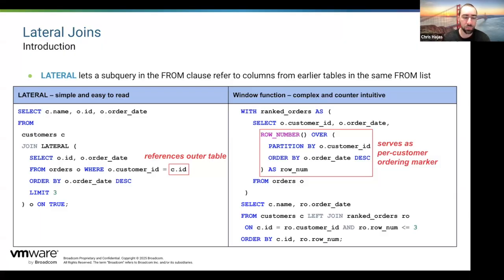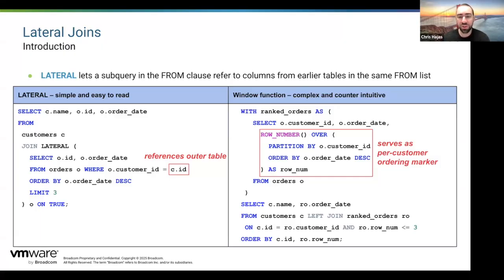And the predicate here is where the order customer ID is equal to the customers, the outer table here. So this outer reference, you basically use the syntax lateral here. And for every single customer, you're running this subquery and you're trying to get the top orders, the top 3 orders from that, basically using that join.